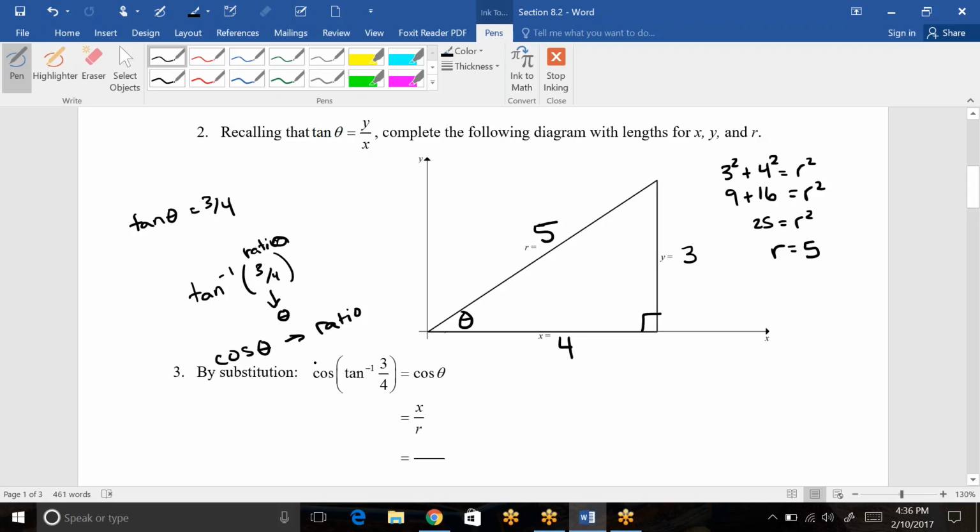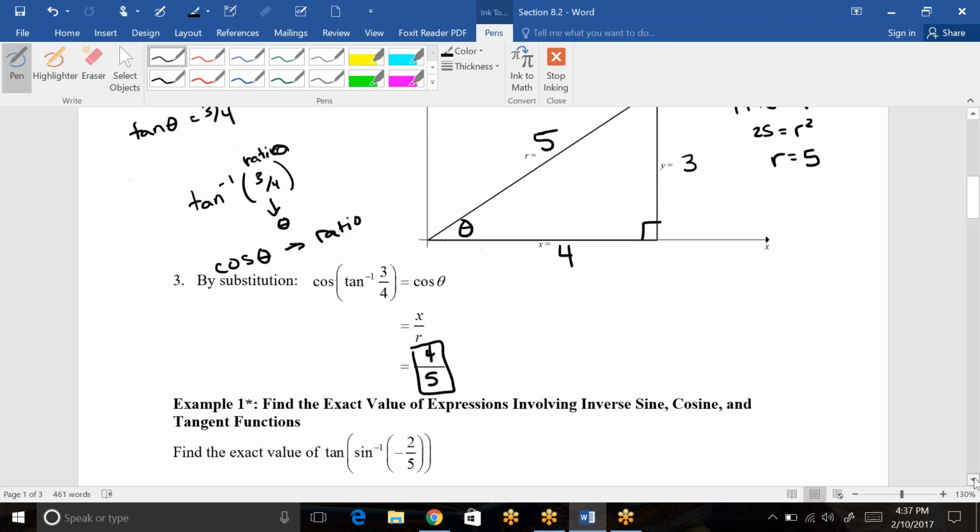The outside function was the cosine, and you now have that theta, and you want to map it back to the ratio. Never did we need to know what the theta was, because we just needed to get the picture of the triangle, and then find the correct ratio. So cosine is x over r, so that's 4 over 5. And we're in our correct restricted domain, we're in our correct quadrant, so this is the answer.